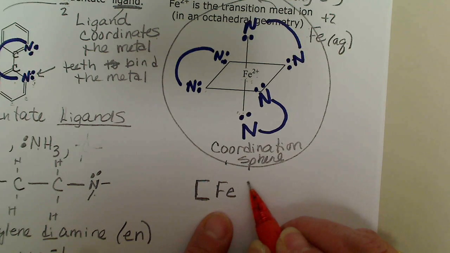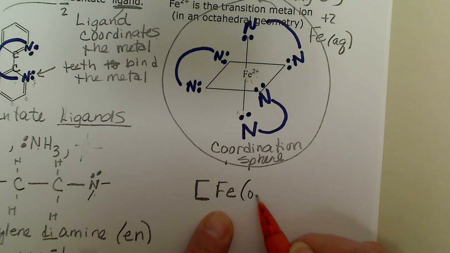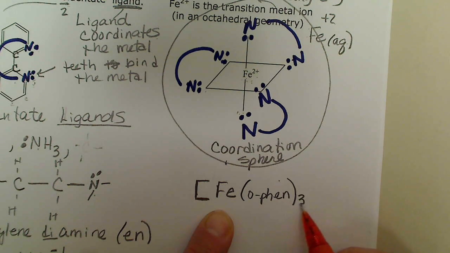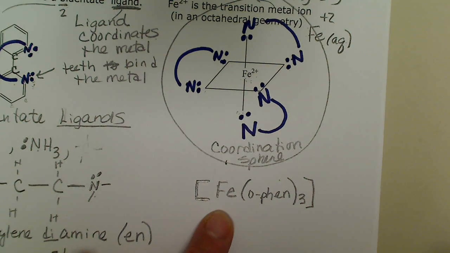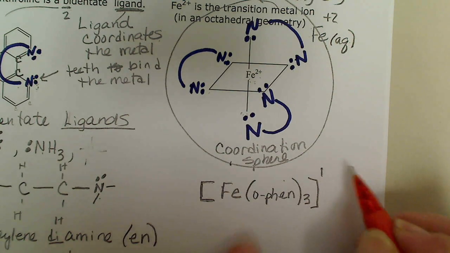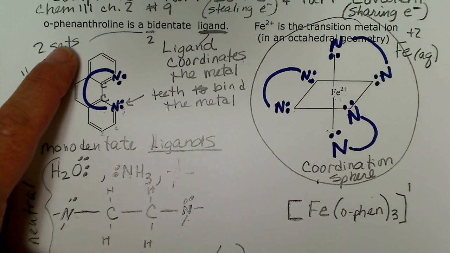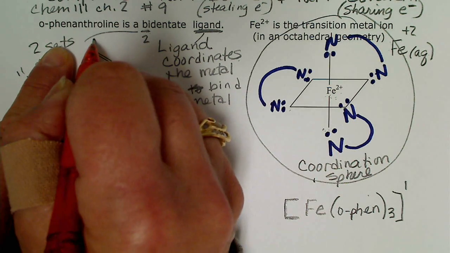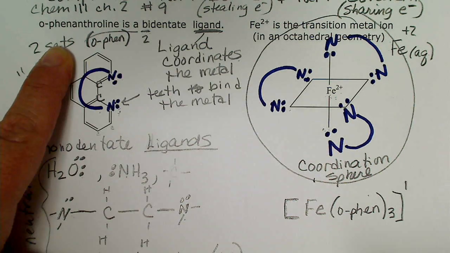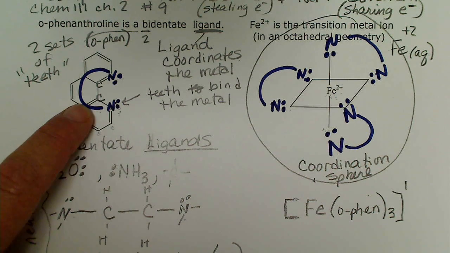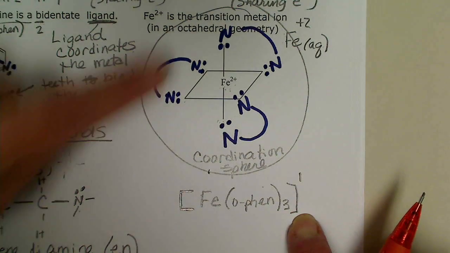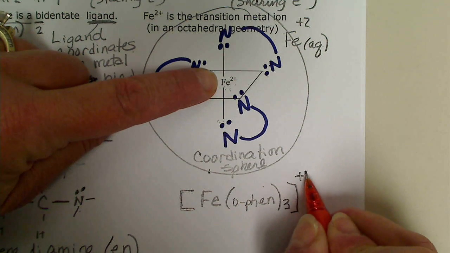We would show the iron, and then o-phen is an abbreviation for that ligand, and there are three of them. And then the charge on the ion, since the orthophenanthroline ligand, that is what we're calling o-phen, is a neutral molecule, so it does not have a charge, meaning the metal complex ion has the same charge as the central metal.